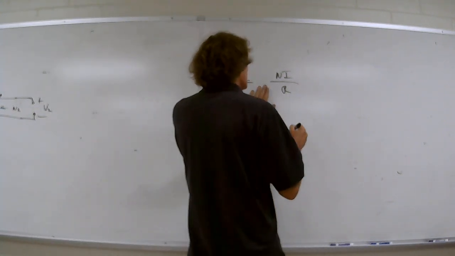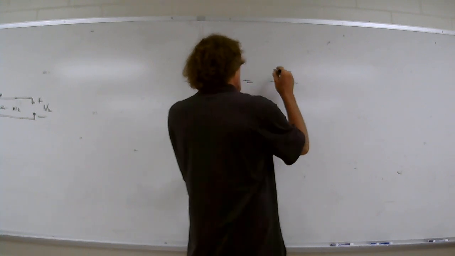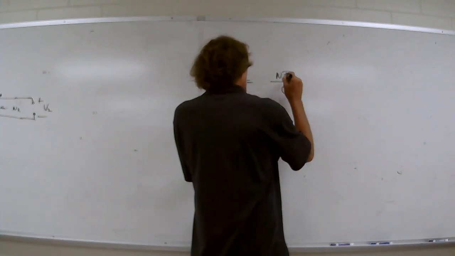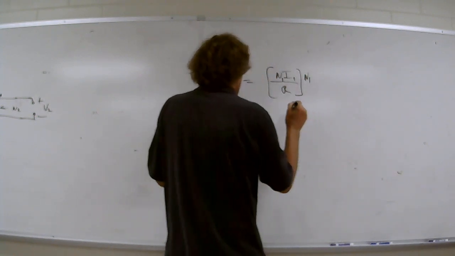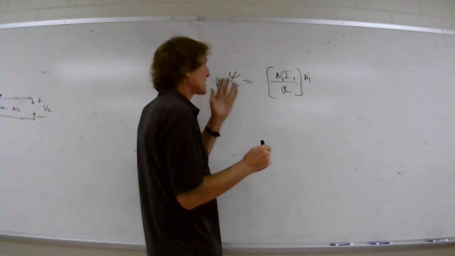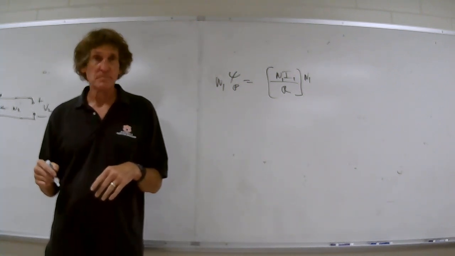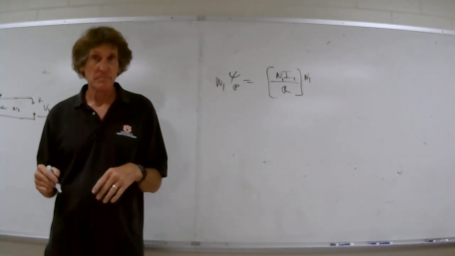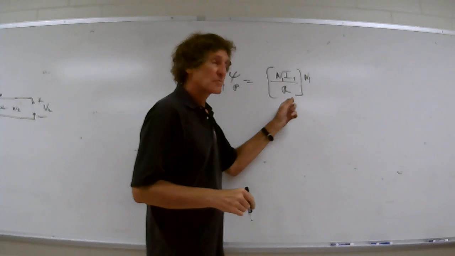When I look at this, N1 I1 in the primary over R, that's the flux per turn. Then when I multiply that by N1, that's the number of flux linked on the primary. You all see that? What are your symbols there? I'm sorry. N is the number of turns, I is the current, R is the reluctance.